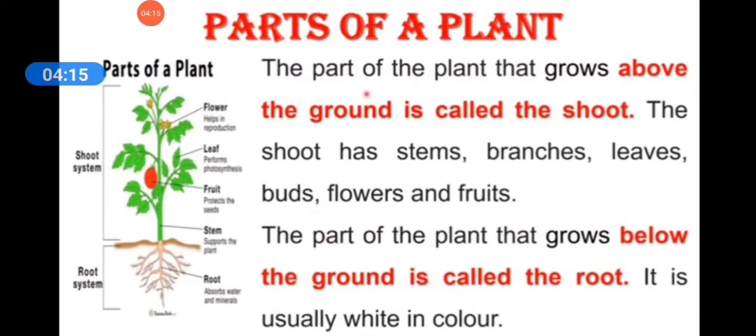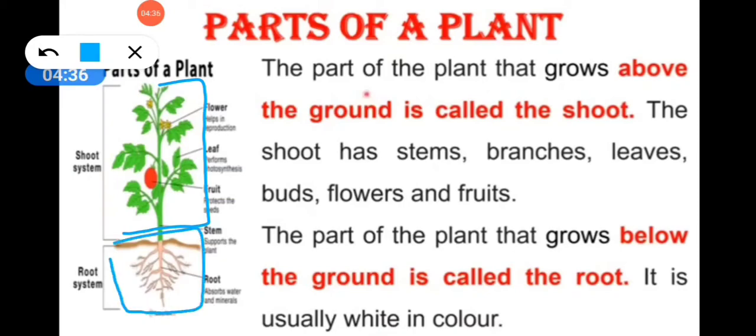The part of the plant that grows above the ground is called the shoot. The shoot has stems, branches, leaves, buds, flowers and fruits. The part of the plant that grows below the ground is called the root.